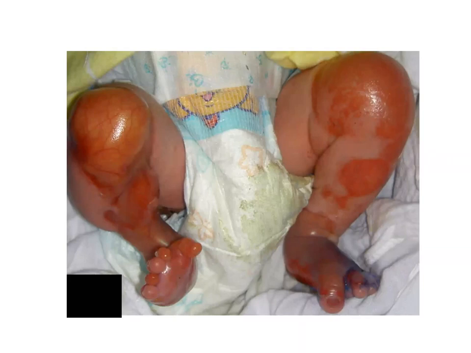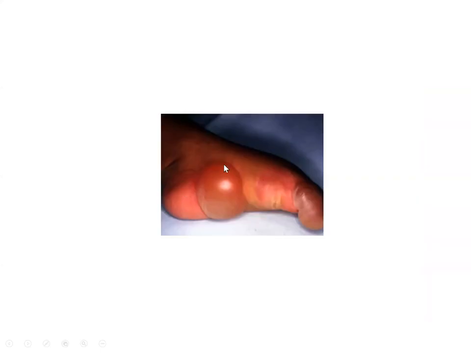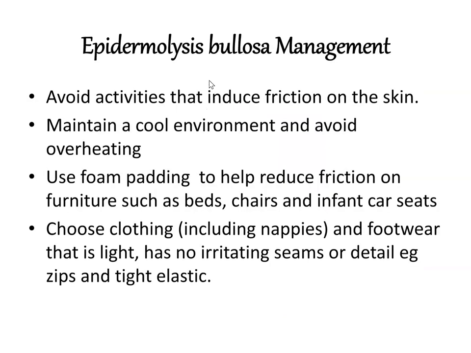So this is a child. You can see exposed dermis over here. There's a thin cellophane-like film, but otherwise the epidermis is not there over a large area. This is the area where they have friction in the intrauterine life. And here again a large blister on the feet of a toddler, again where the trauma is occurring more.